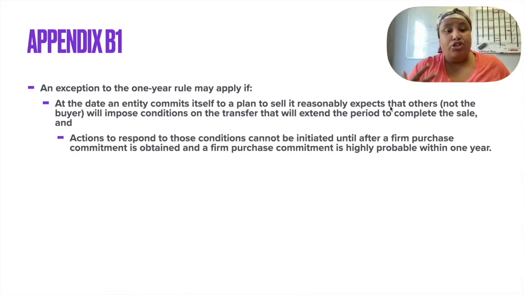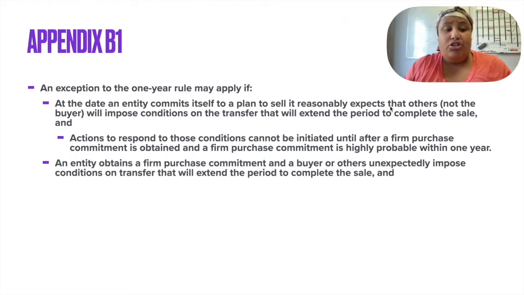And actions to respond to those conditions can only be initiated when the entity has a firm purchase commitment, and it has determined that a firm purchase commitment is highly probable within 1 year. Then it means we can use this 1 year rule exception, and we can still classify the property as held for sale. Okay, we're going to look at examples straight after this.